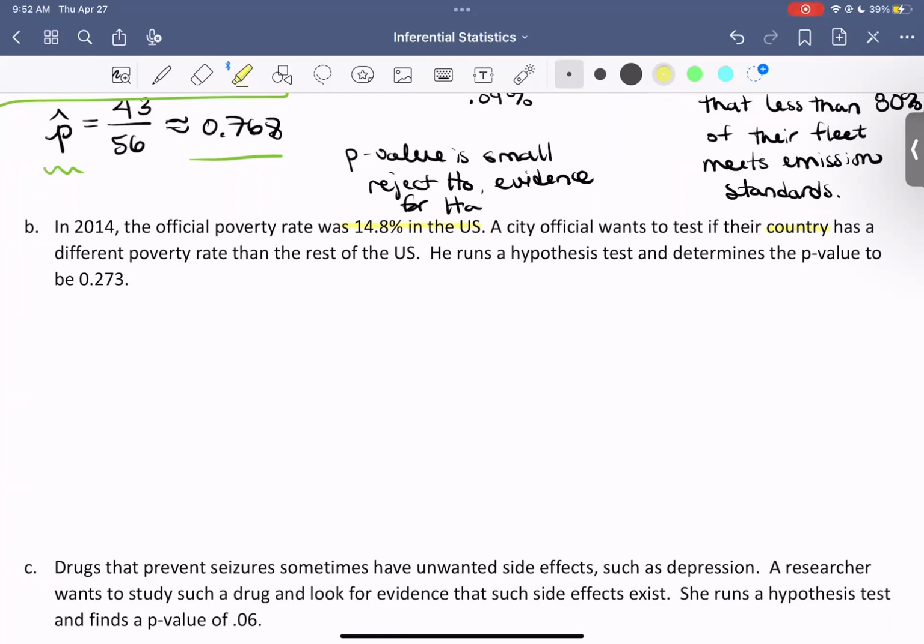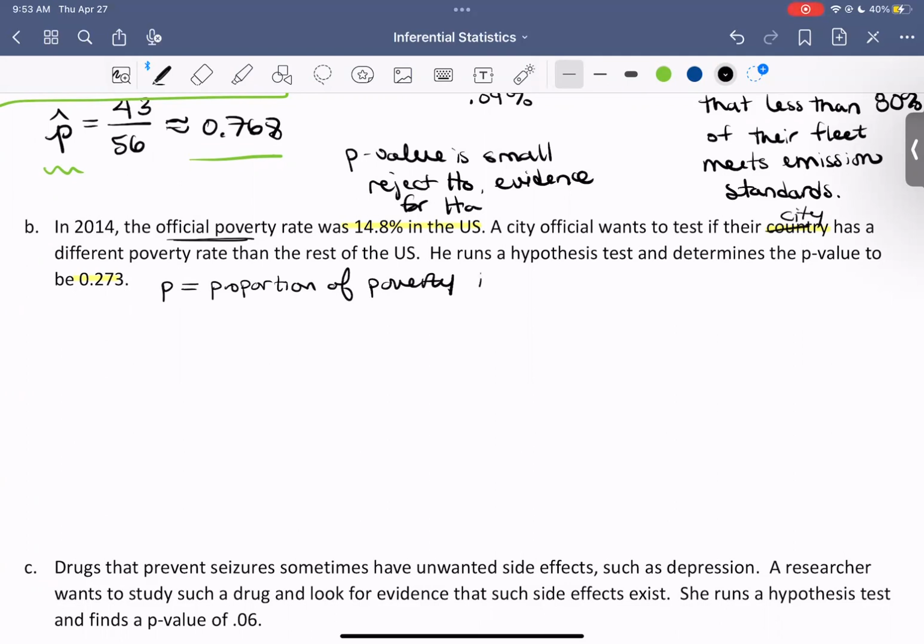He runs a hypothesis test and determines the p-value to be 0.273. So let's first determine what the parameter is that we're measuring. We're considering the poverty rate. So let p equal the proportion of poverty, and we're looking at this certain city.